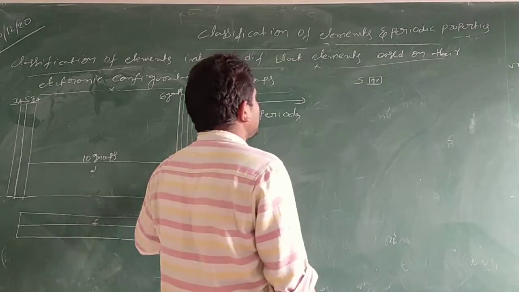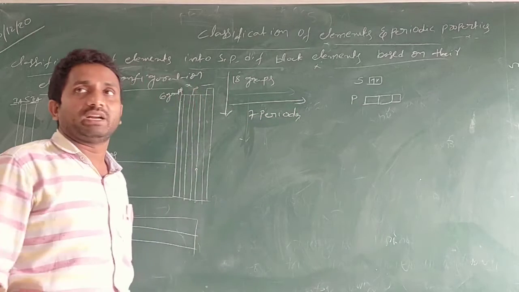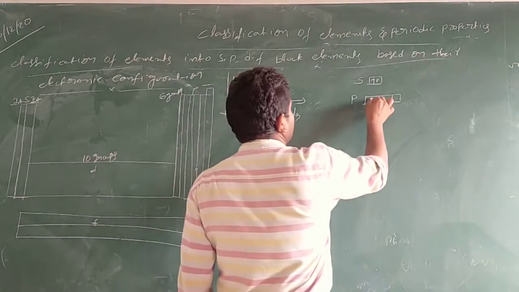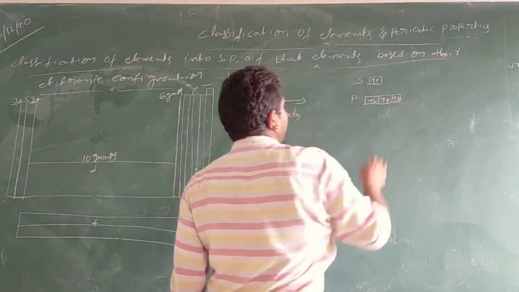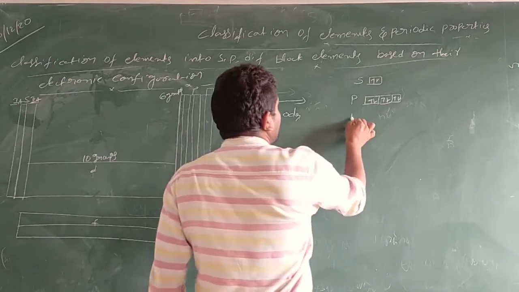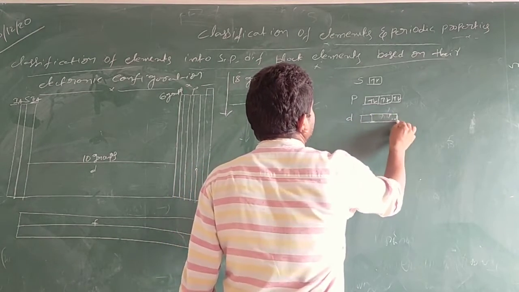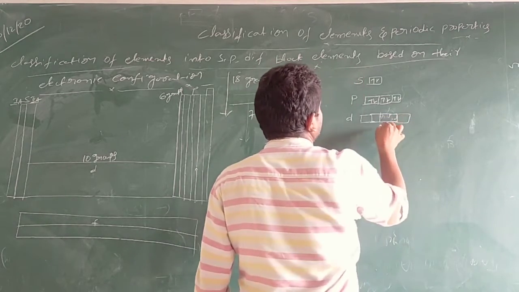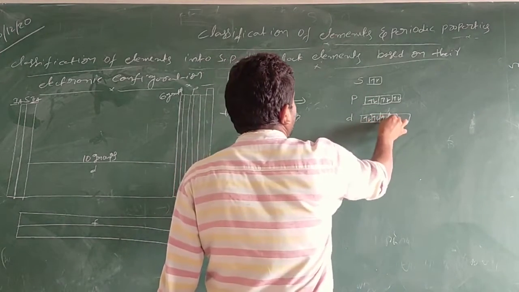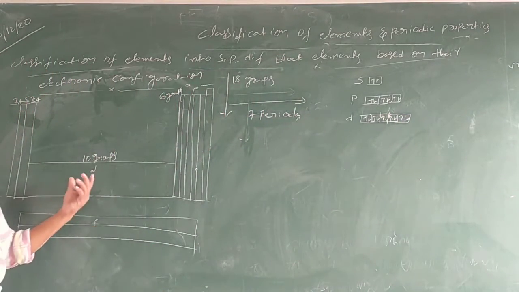And P block contains 6 groups. The p subshell contains 3 orbitals, and 3 orbitals accommodate 6 electrons. So p block contains 6 groups, and D block contains 5 d orbitals. 5 d orbitals accommodate 10 electrons, so d block consists of 10 groups.